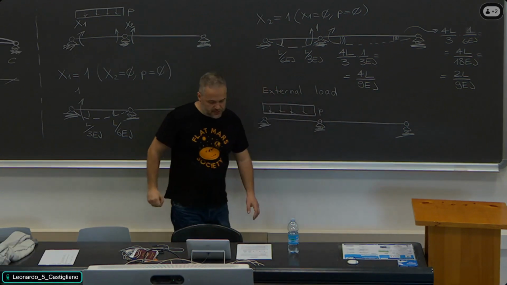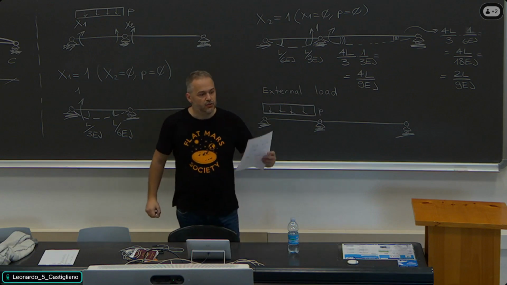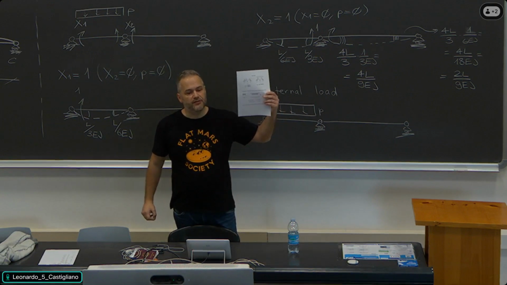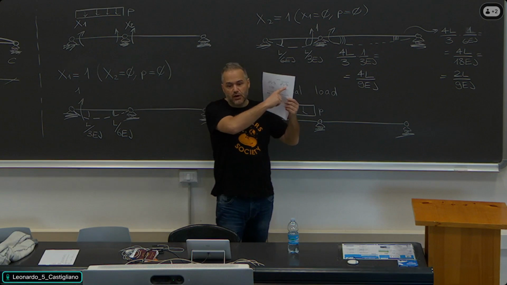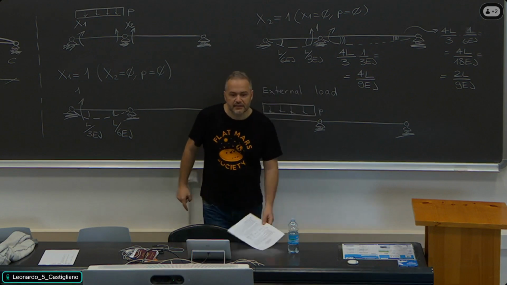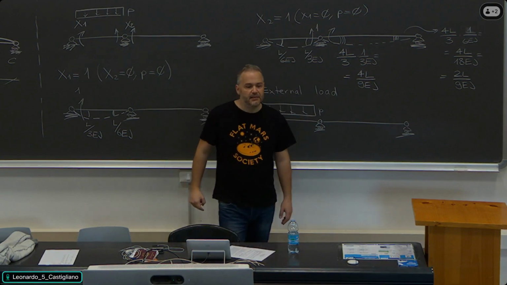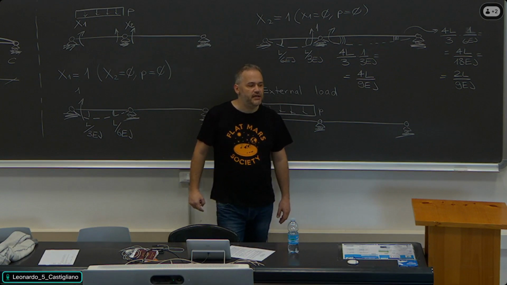Distributed load on the first span, you look at the coefficient at the back of the page, the second one, standard case, length is L, bending stiffness is EJ.